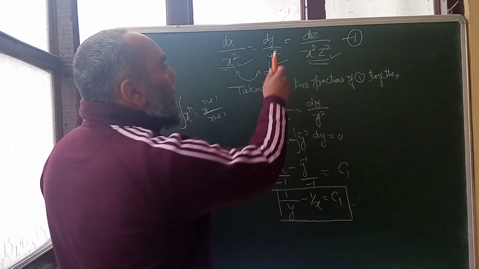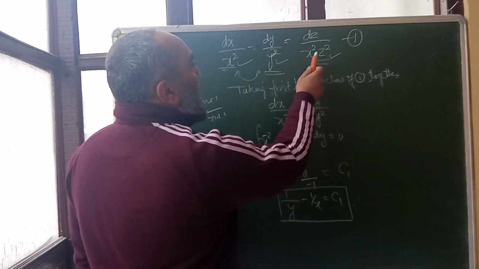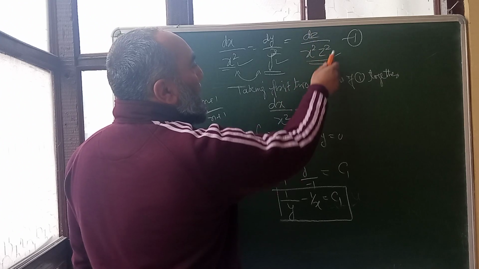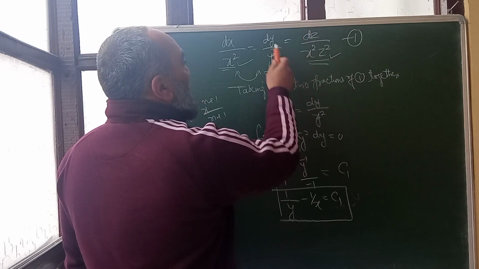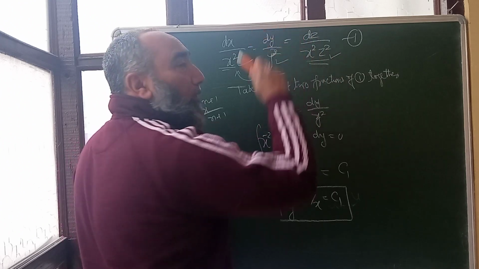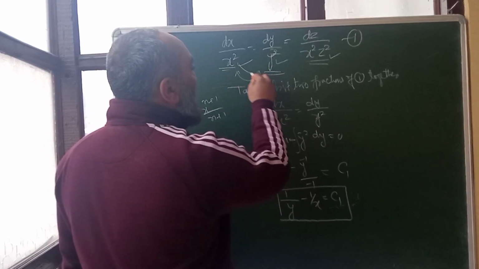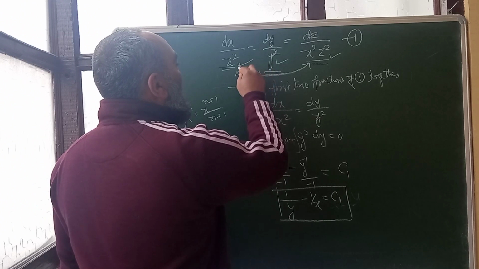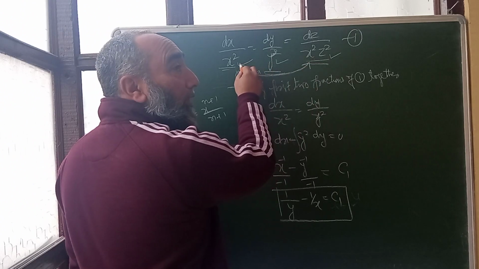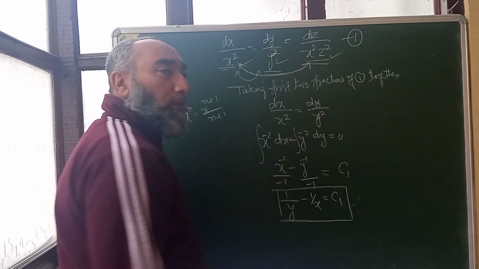Now, if I choose dy and dz, see, z square is okay with respect to z, and y square is okay, but x square cannot be taken. So I will choose the first and third fraction together, because x square will cancel out, one of the variables will cancel out, and we can find the solution.